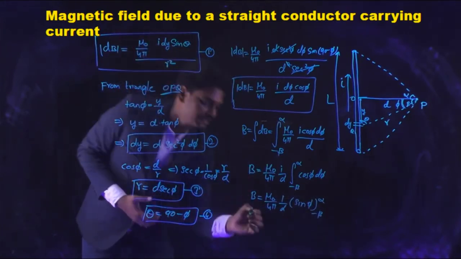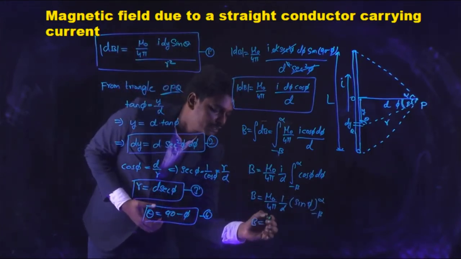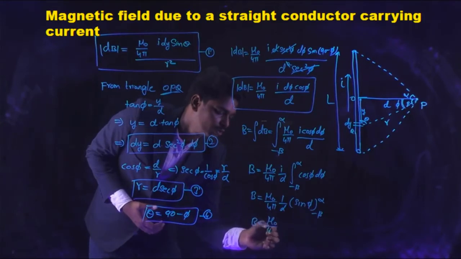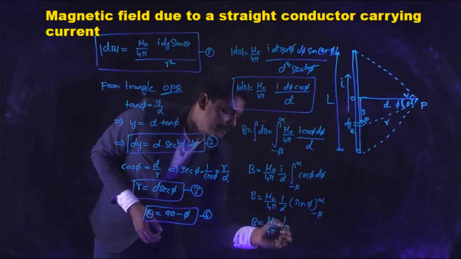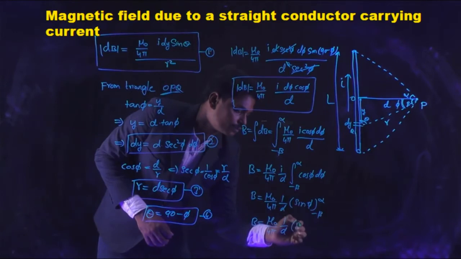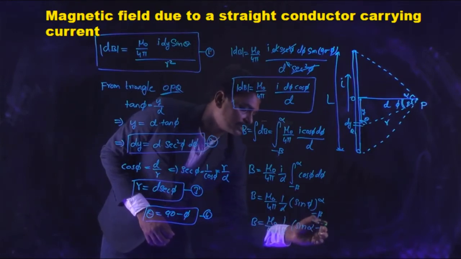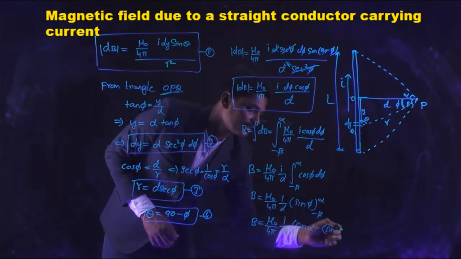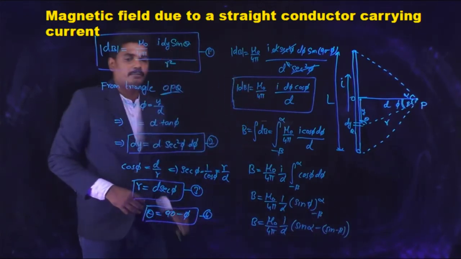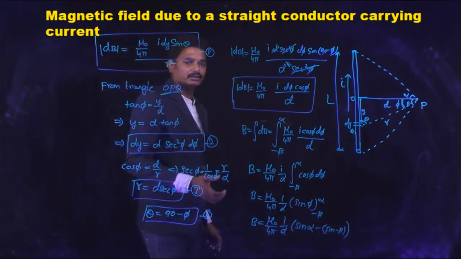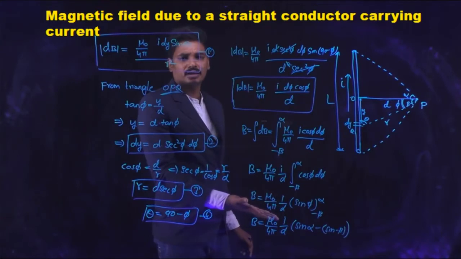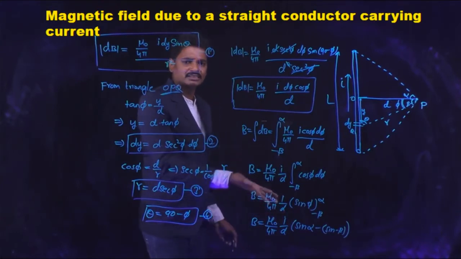By substituting the limits, we can write B is equal to mu naught by 4 pi I by d into sin alpha minus sin of minus beta. What is sin of minus beta? Sin of minus beta is minus sin beta.